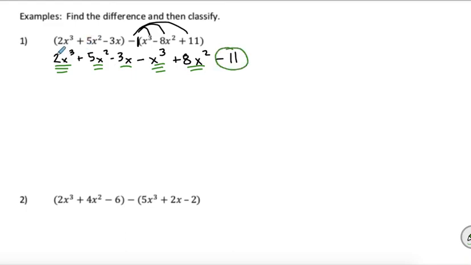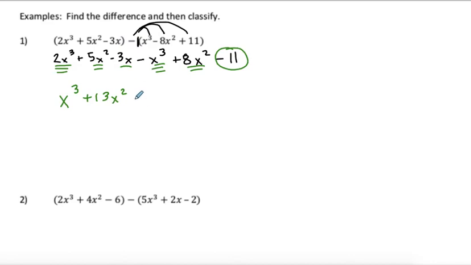So I can look at 2x cubed and then minus x cubed to get 1x cubed. 5x squared plus 8x squared, 5 plus 8, I would get that 13.